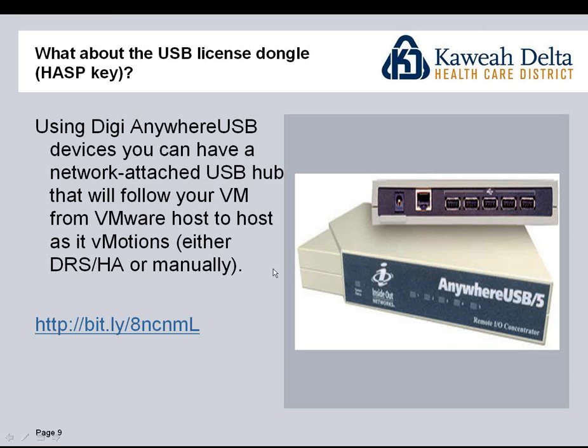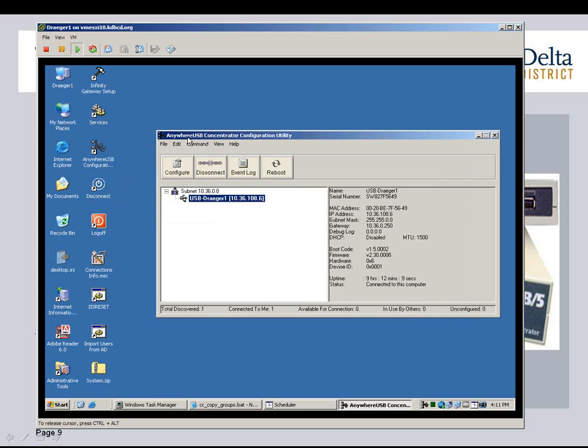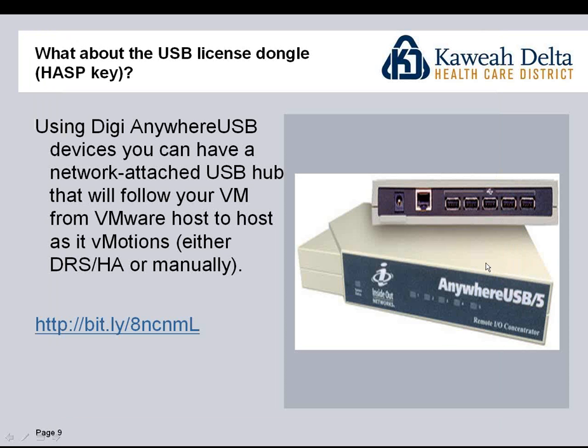So you're not actually plugging the key into the physical VMware servers. You can put these on the network, and here I can show you. This is that same Dräger 1 server that I was pinging and vMotioned earlier. This USB Anywhere utility is for that same box right there.